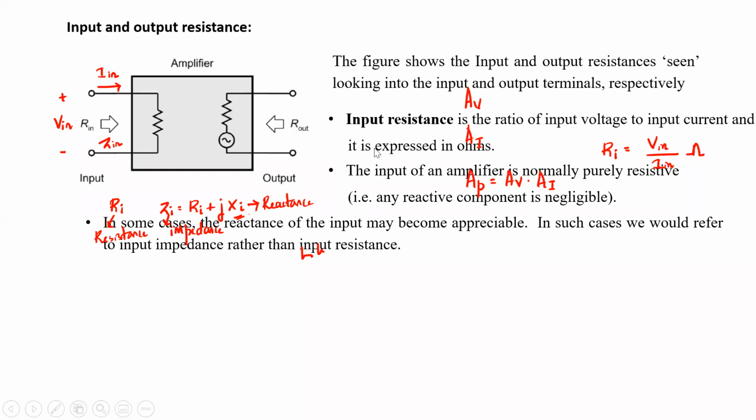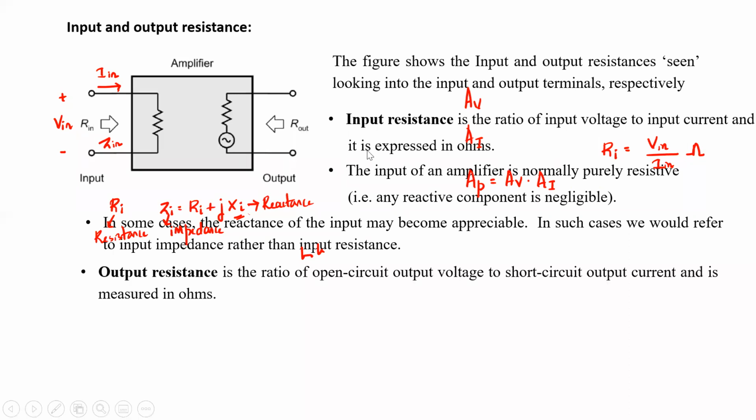Now let's see what is output resistance. Output resistance is the ratio of open circuit output voltage to short circuit output current. Now, what is open circuit voltage and short circuit current is what we have to see. Everybody should understand this. What is open circuit output voltage, and what is short circuit output current?